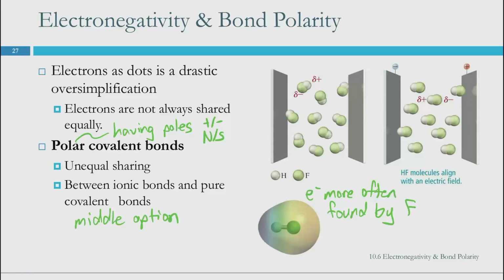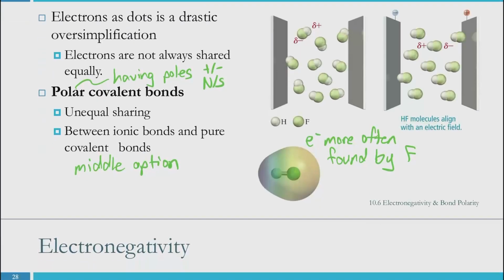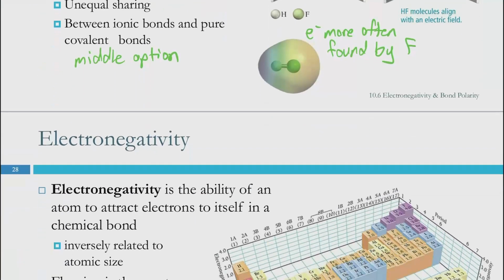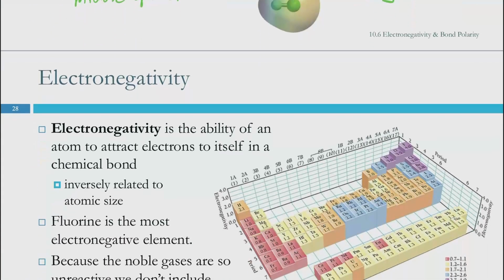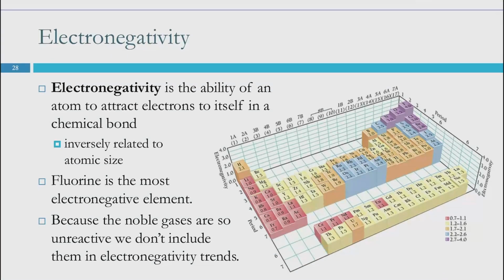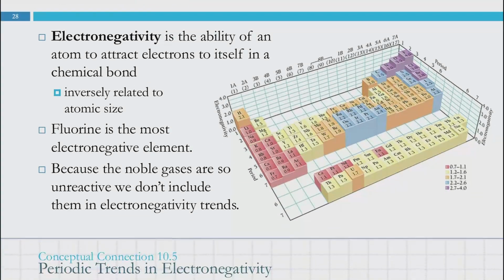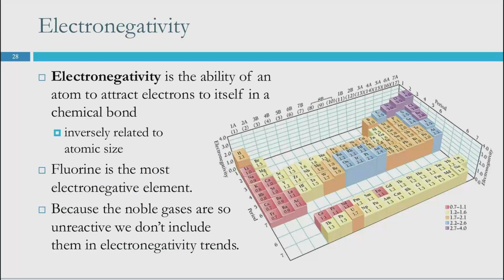It doesn't get as much time with the electrons as it would like. Fluorine's sort of the big sibling in this situation. Hydrogen's the younger sibling in this situation, and fluorine is hogging all the toys, to give us an analogy. We've got a scale that measures the ability of an atom to attract those electrons to itself in a chemical bond, and that's electronegativity.